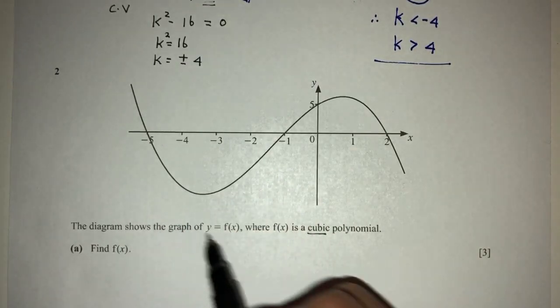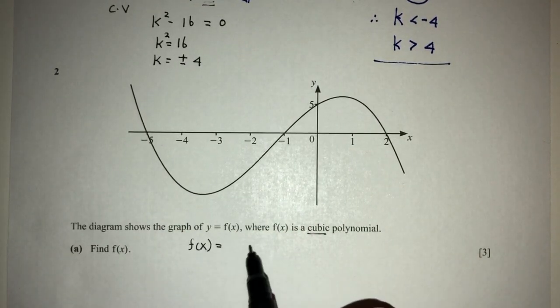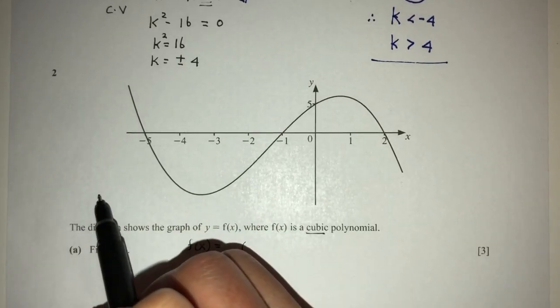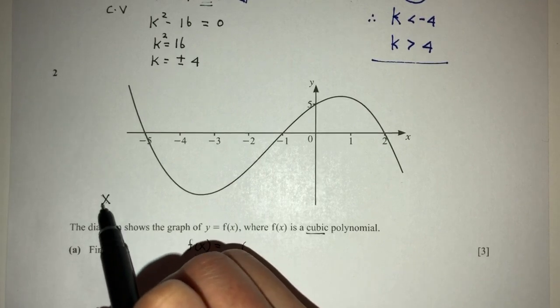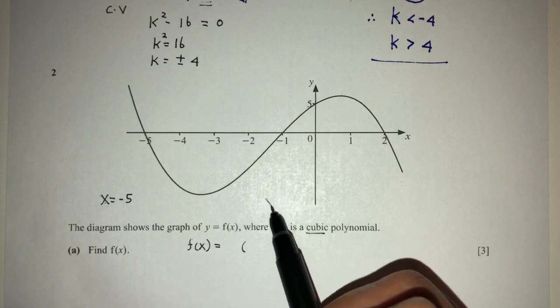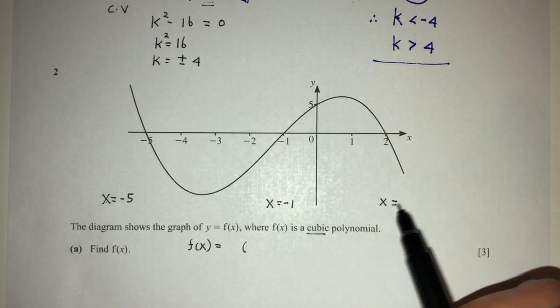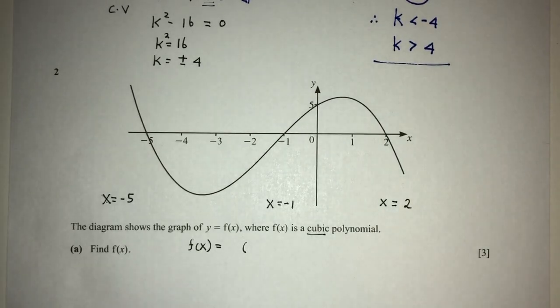So for now I will write f of x is equal to. Let me write down. The solution is x equal to minus 5. This one is x equal to minus 1. This one is x equal to 2. But now we have to find the factors. So how do you find the factors?